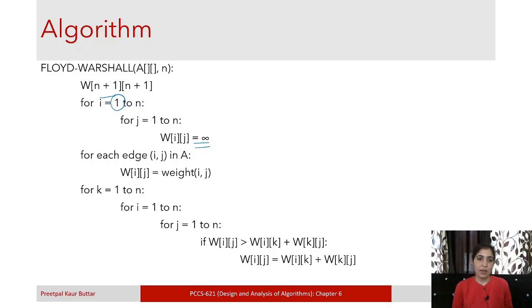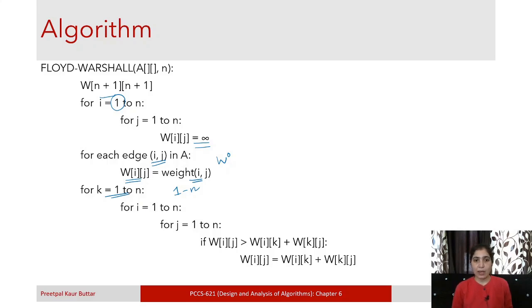Then we will consider all the edges, and we will change the entries i, j wherever there is an edge between i and j. So here we are forming our W naught, and then the k loop is running from 1 to n. So iteratively we will consider all the vertices starting from 1, then 2 till n.